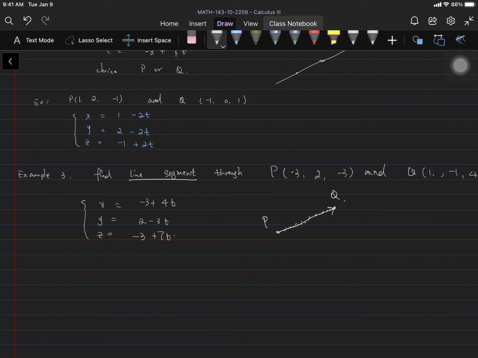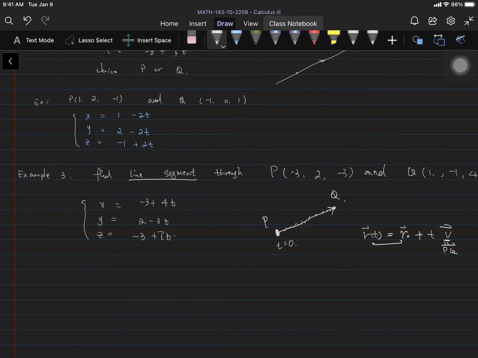So if the point is the same as P, that means what? That means t equals 0, because our r vector equals r0 plus t v vector, and the v vector is the PQ vector. So when the point is the same as P, t equals 0.